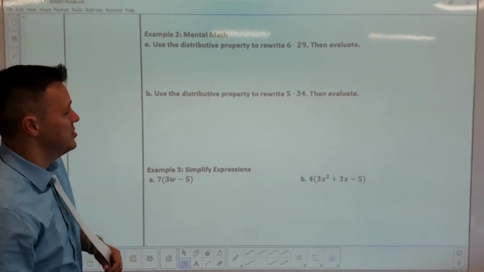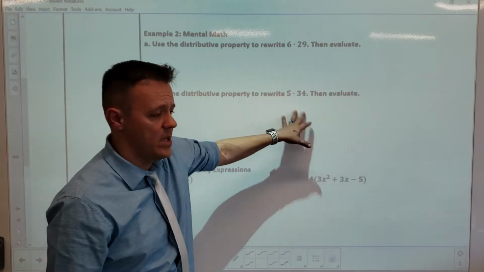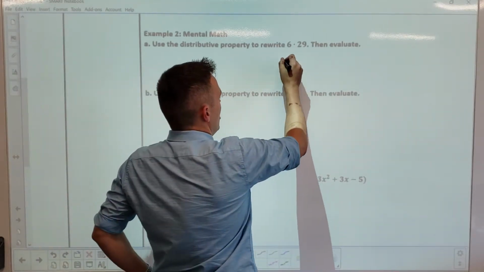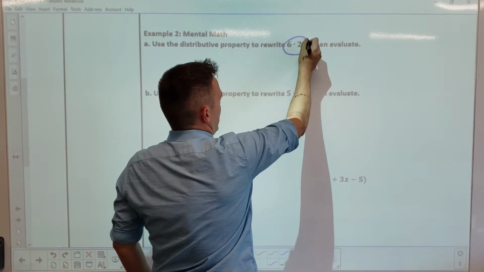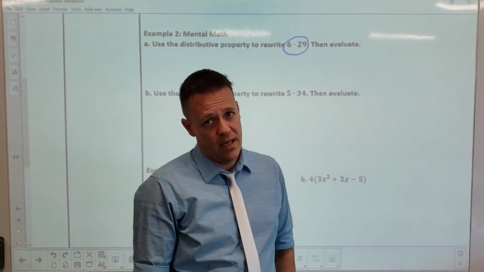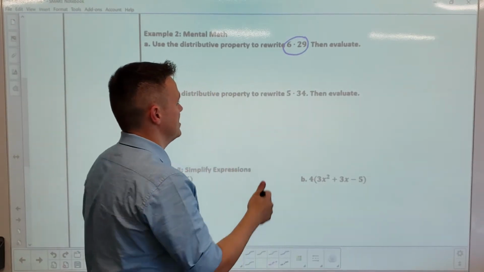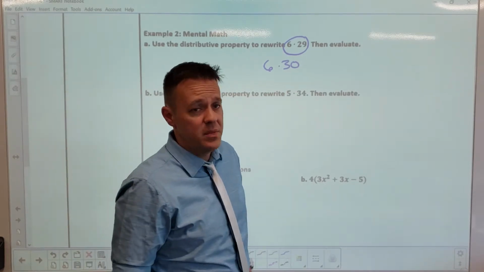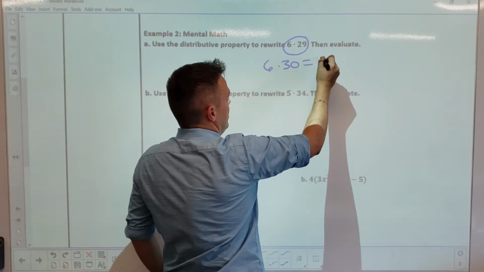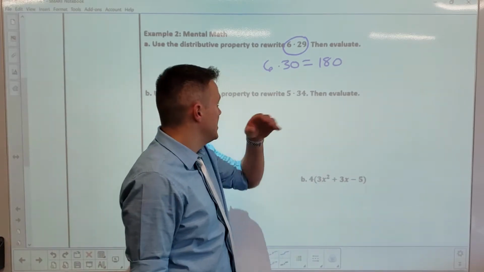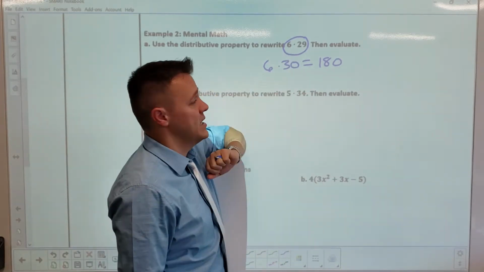So use the distributive property to rewrite this and then evaluate. So what this is talking about is some of us might struggle to know, how many of you guys know right away what is 6 times 29? Most of us probably don't know what that is, okay? So what it's trying to tell us is, do you know what 6 times 30 is? Well, some of us should, because 6 times 3 is what? 18. And then you'd add a 0, so there you go. So what's the difference between 30 and 29?